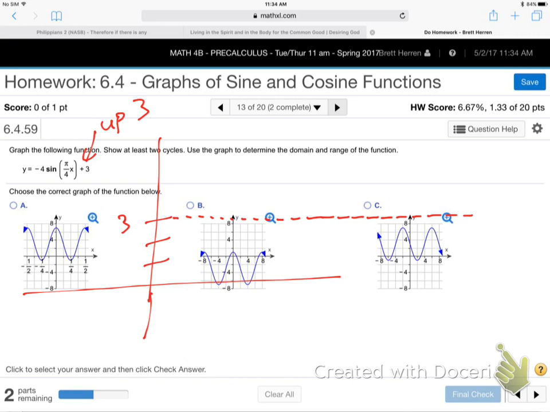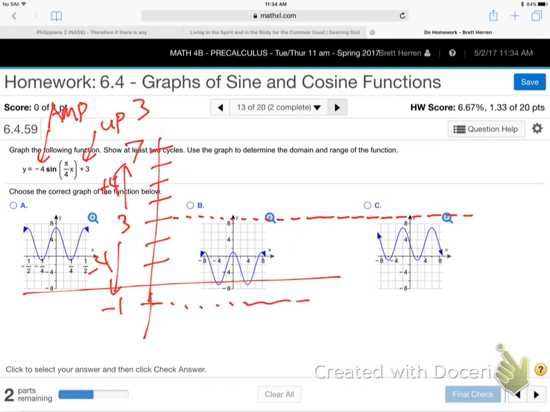But the -4 tells you the amplitude. Positive or negative, it says the same story. It's going to eventually go above and below that midline by 4. So go up 4, to 7, right? Up 4, and go down 4 to -1.